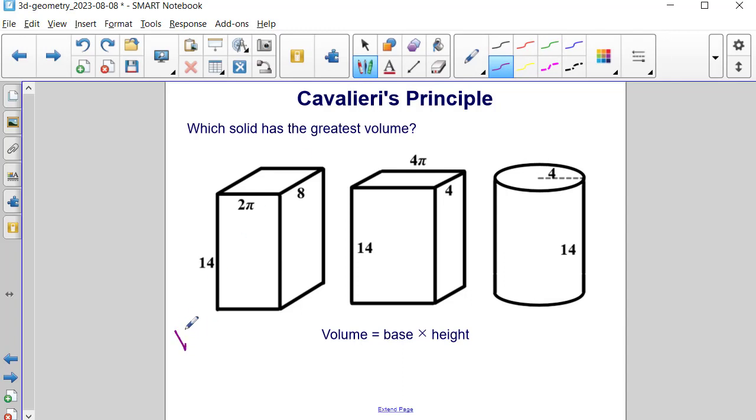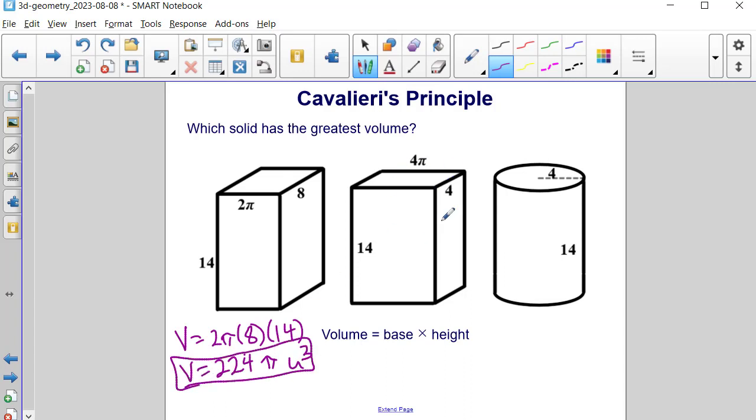So in this first one, the volume is equal to length 2 pi times the width 8 times the height 14. If we multiply 2 and 8 together, we end up getting 16, and 16 times 14 is 224, and we still have pi in our answer, and this is cubic units.